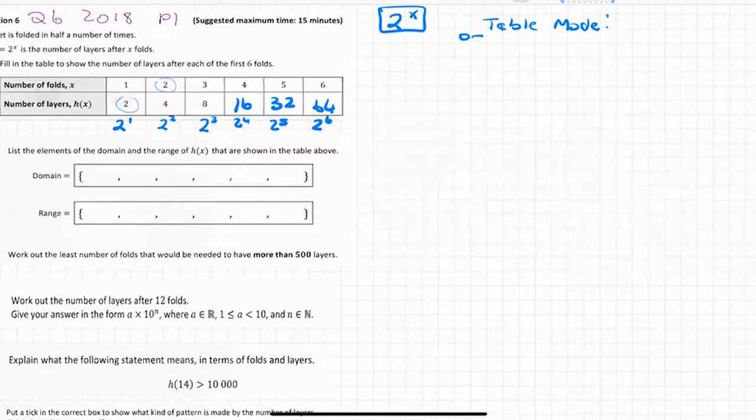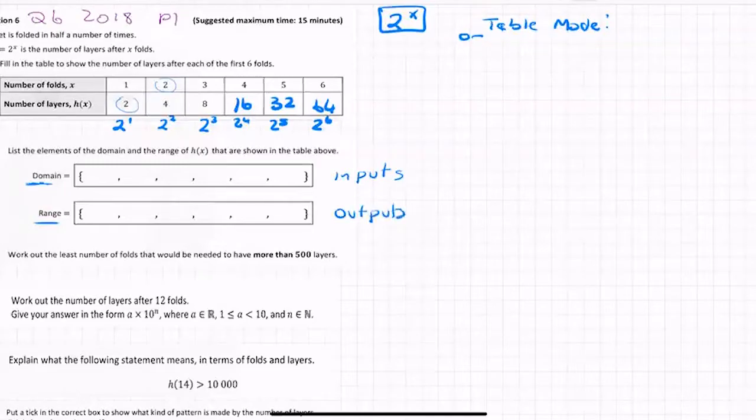Part B then asks you to list the elements of the domain and the range of h of x that are shown in the table above. And this is why I wanted to do these questions, to show you that you do need to know what's known as domain and range. So another word for domain is the inputs, another word for range is the outputs.